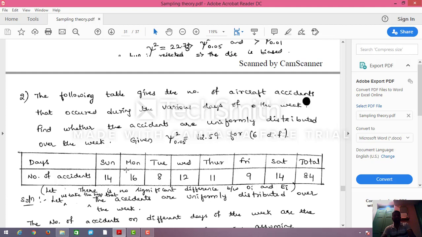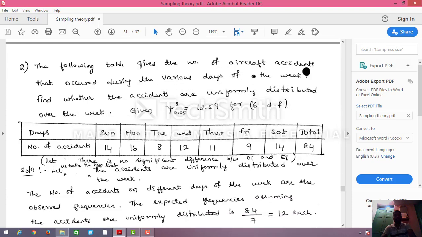The number of accidents given: Sunday 14, Monday 16, Tuesday 8, Wednesday 12, Thursday 11, Friday 9, Saturday 14. So total accidents is 84. Now let us take the hypothesis that the accidents are uniformly distributed over the week.